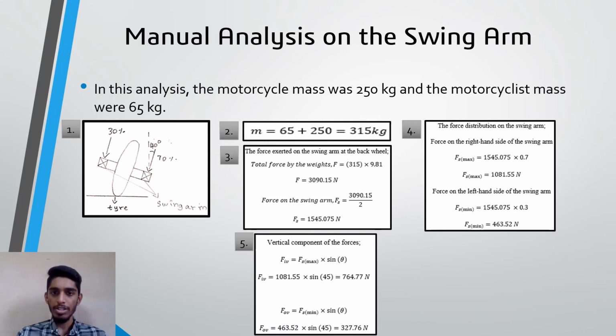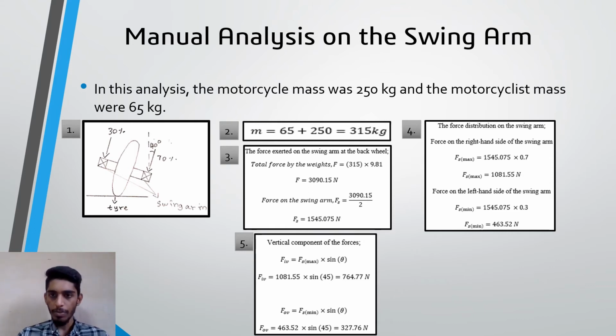Then in the third picture, we calculated the force that will be applied on the swing arm due to the weight, and then we divide it by 2 because the swing arm is only fixed at the back side of the motorcycle. The forces act on the front and also the back, but we are only analyzing the back of the wheel where the swing arm is fixed.